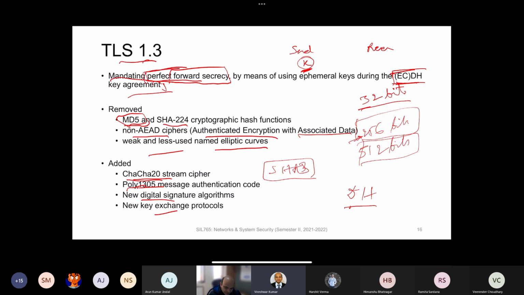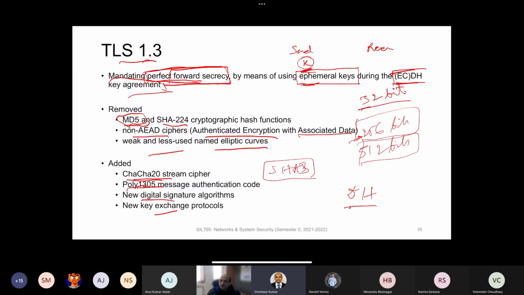And therefore, people came up with this concept of forward secrecy. You come up with a way of generating secret keys, which are called ephemeral keys, and which are utilized for a very small time frame, and that is why they are called ephemeral.